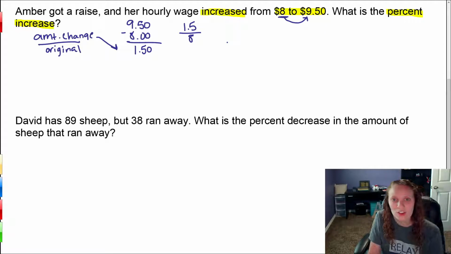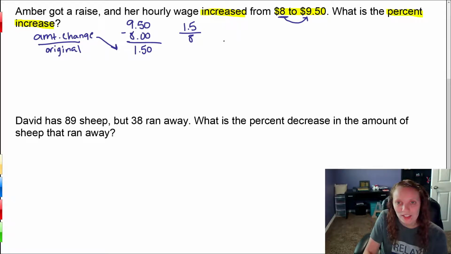So that goes on bottom, and let's divide first in, last out. 8 does not go into 1, so we put 0 and bring the decimal up. 8 does go into 15 one time. We're going to subtract 8, which would be 7 left over, add a 0, bring it down. 8 goes into 78 times. 8 times 8 is 64.